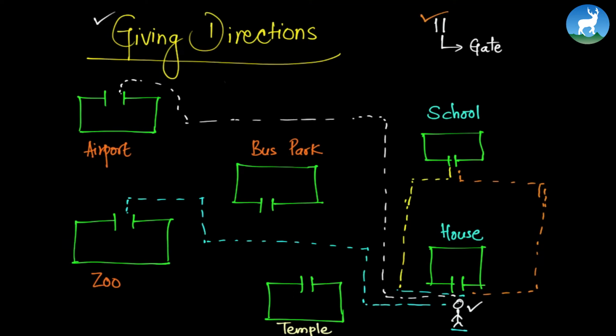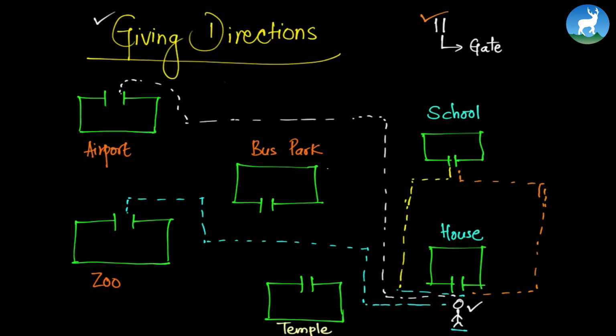From your house, you can walk on the left until you reach the junction. From the junction, you can walk up until you reach another junction, and from there you can take the first turning on your right. If you keep walking for a while, you will find the school on your right, not on your left. So it is like this.